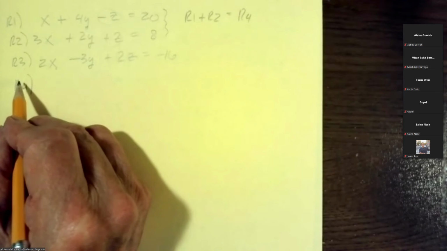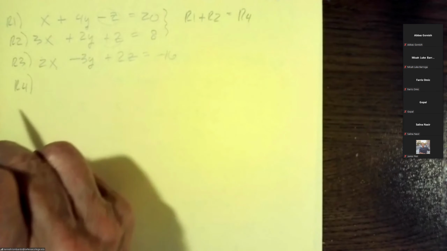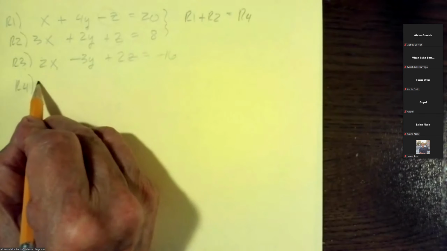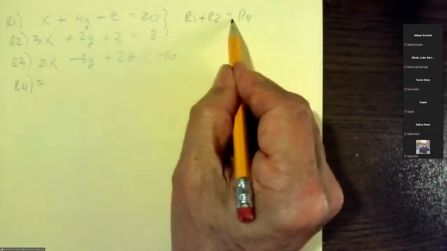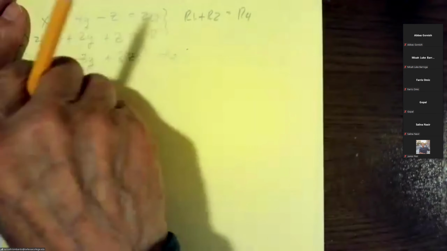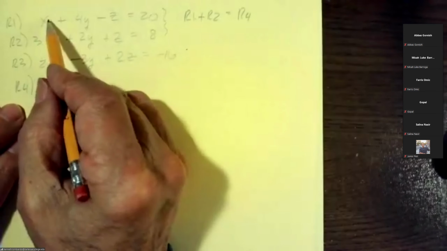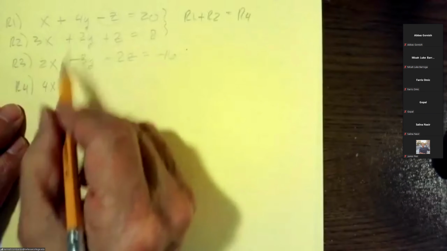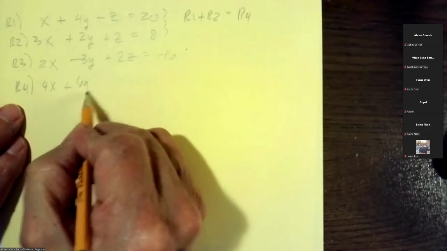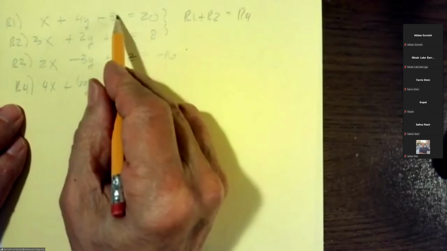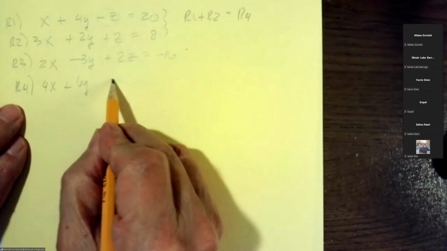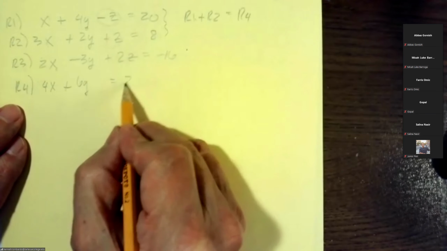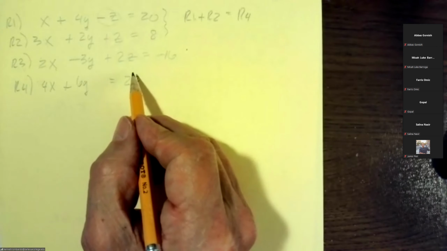I'm going to generate a new row. And I'm going to say row 4 is equal to row 1 plus row 2. So let's just do that. If I add row 1 and row 2, I get 4 of the x's and 6 of the y's. The z's are eliminated. We have a positive and negative, and that's equal to, looks like 28.